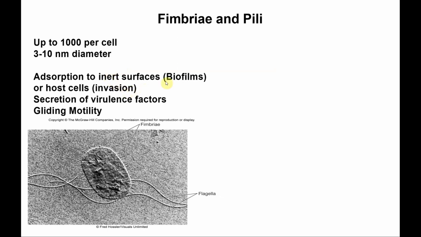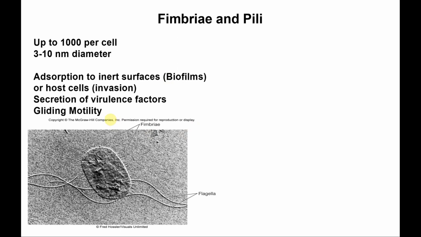Different types of pili have different functions. Many are involved in adhesion and absorption either to an inert surface or to cells of the host for pathogenic bacteria. Some of them can secrete proteins, and some of them can be involved in gliding motility, movement on a solid surface.